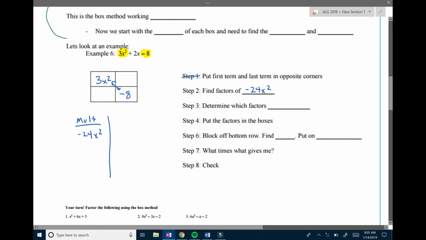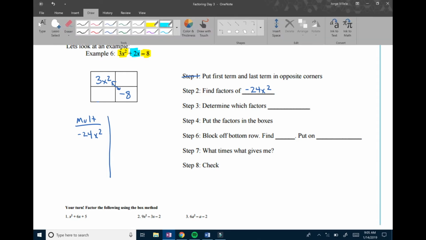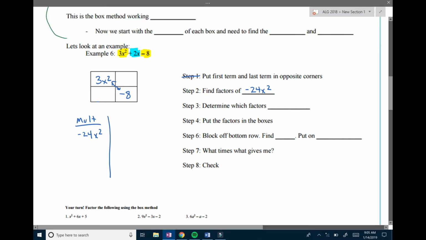The next thing you're going to do is you're going to find the factor of the middle number, the 2x. But you're going to determine which factors add to 2. So you're going to also figure out what adds to 2x. I should write add, not 2x. You're going to figure out what adds to 2x.